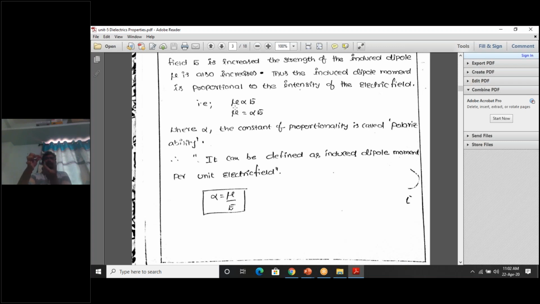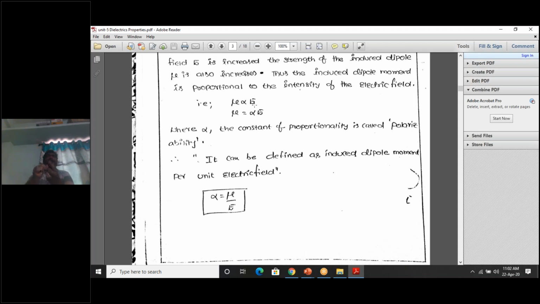As I apply more electric field, the distance between these two charges increases. Nothing happened to the magnitude of charge, but the distance increased. That means the dl value increases. Q into dl is called as what? Mu. So mu increases by increasing the applied electric field.